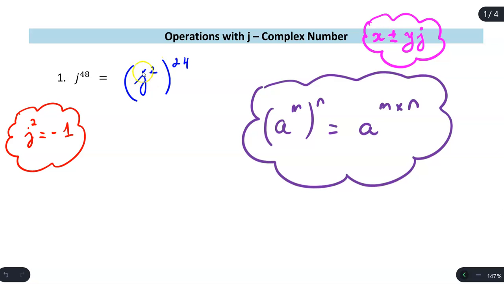So I will replace j squared by -1. Then I will have -1, all of it raised to the exponent 24. As we know, a negative number raised to an even exponent will have a positive result. So in this case, I will have +1 as the answer.